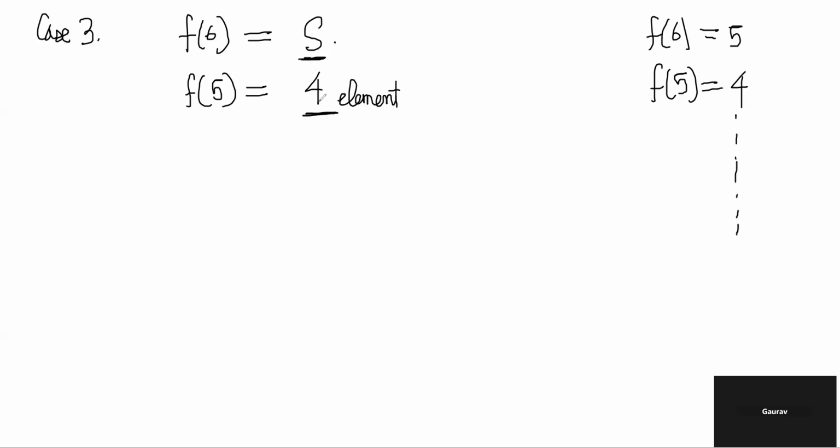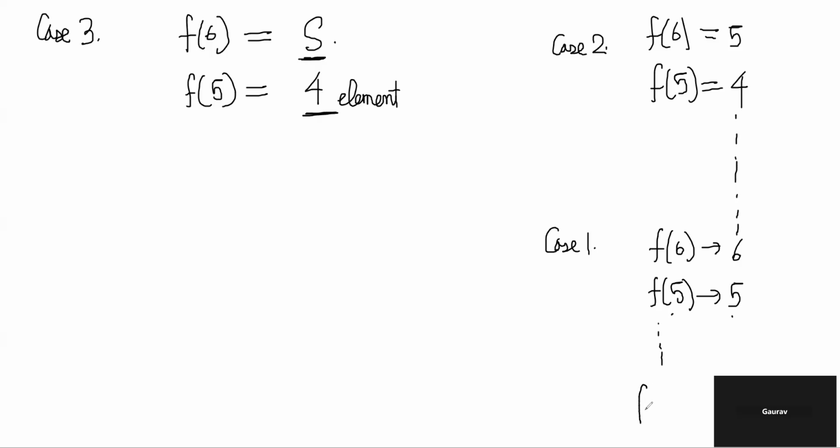And this here is the gap, 6 to 4. Do you understand what I'm saying? Look at all the cases we have done so far. This was case 2. Case 1 was this. F of 6 is 6. F of 5 is 5. All of them had their equal number, right? Till f of 1 was 1 or null set, right?